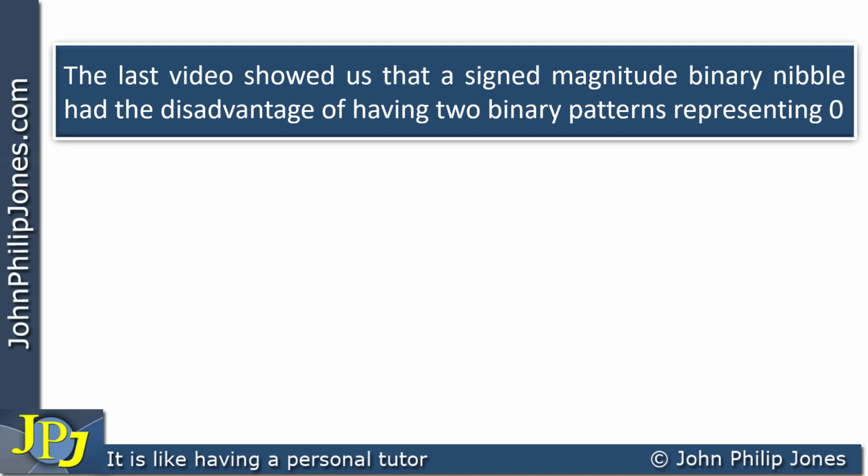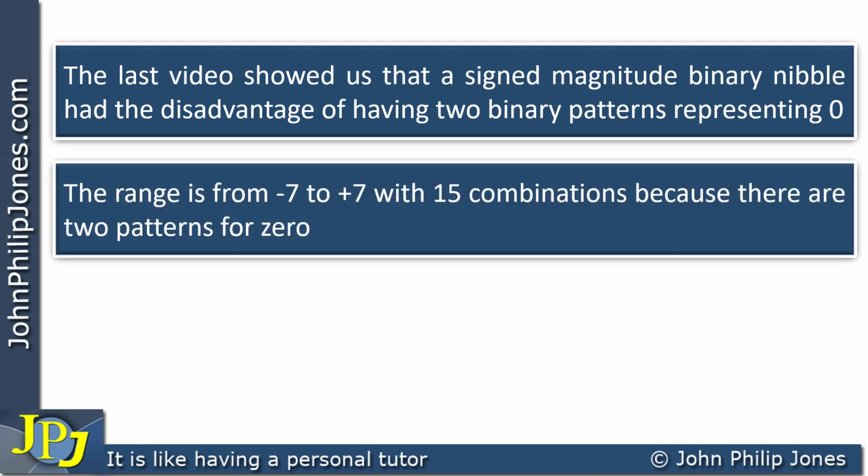The other thing we need to concern ourselves with is the range you can have with a signed magnitude binary nibble, which is from -7 to +7, which means it has 15 combinations available to represent the numbers that are both negative and positive in that range. That's because there are two patterns for 0. And you really don't need two patterns to represent a number. You need one unique one. As I say, I've covered that in the previous video.